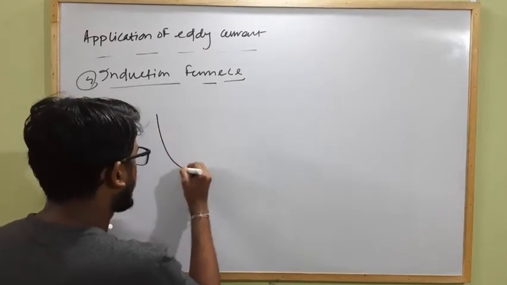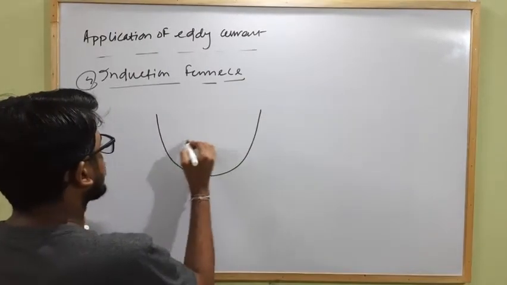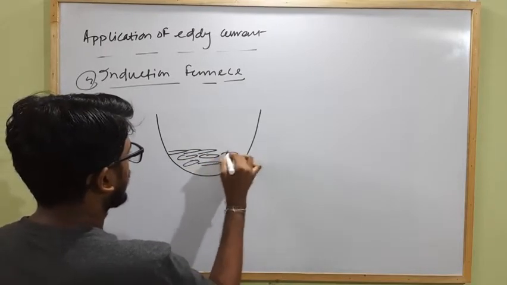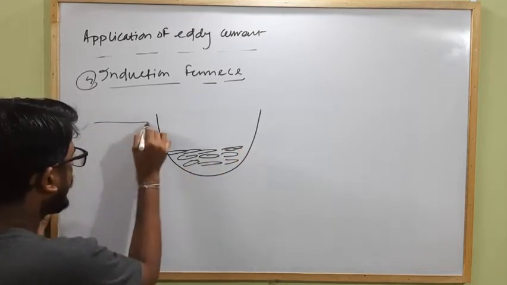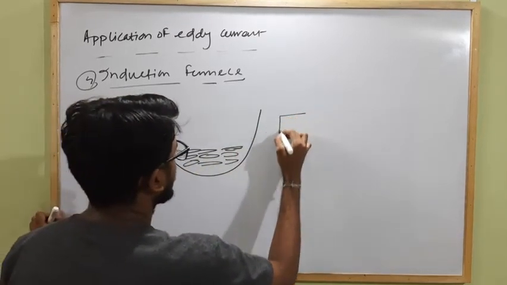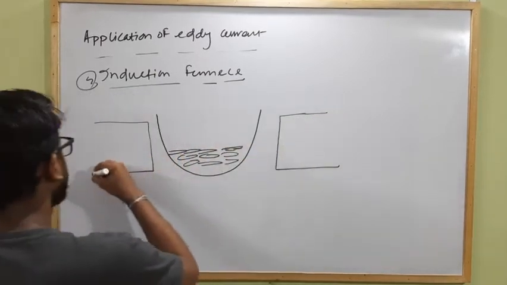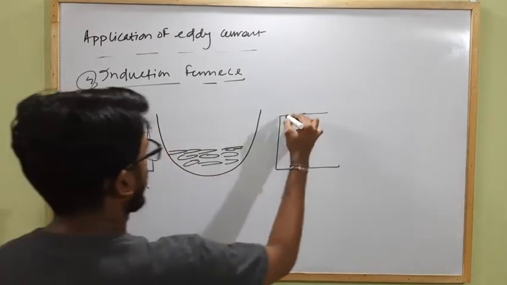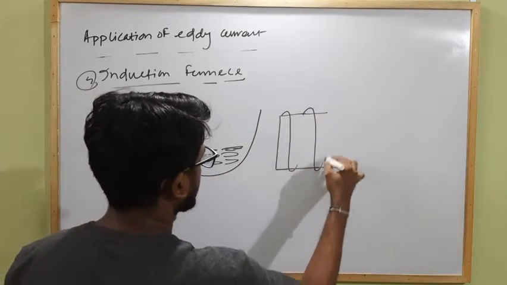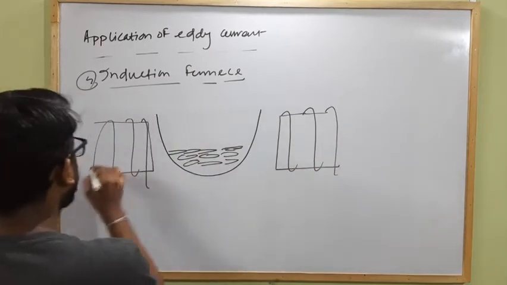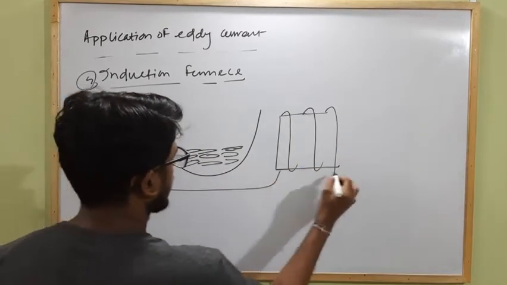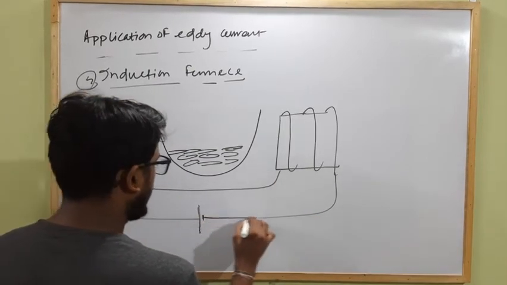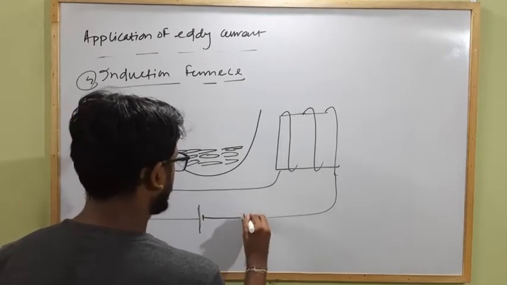In a large container, we place the metal which we want to melt. Then we place this container between two strong electromagnets, which are attached to a rapidly alternating voltage source.